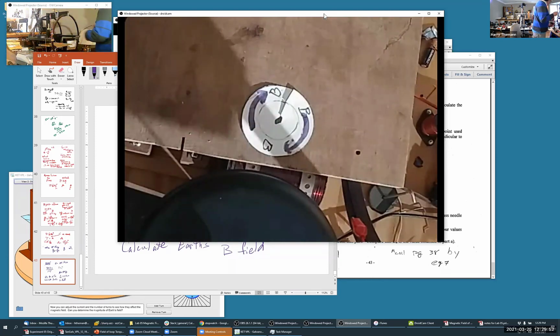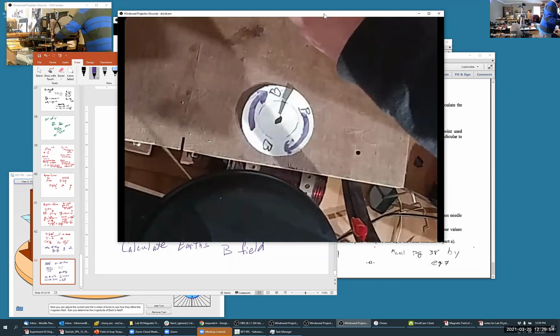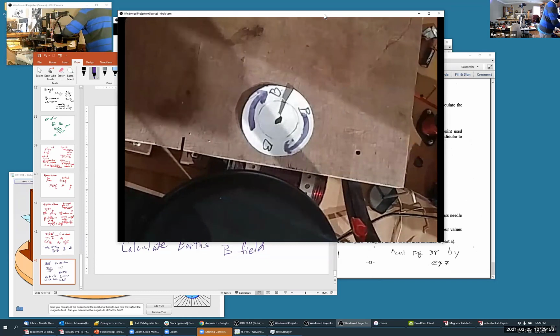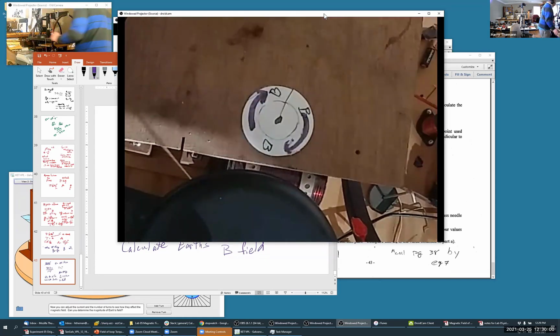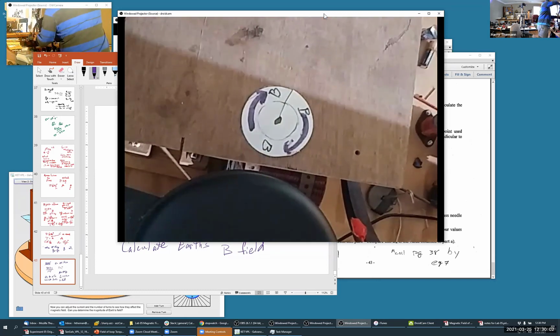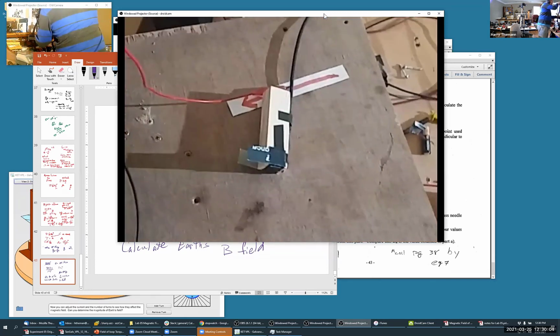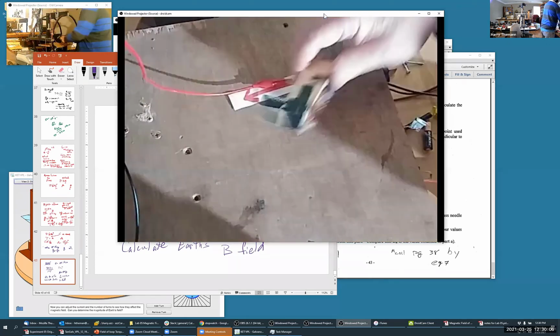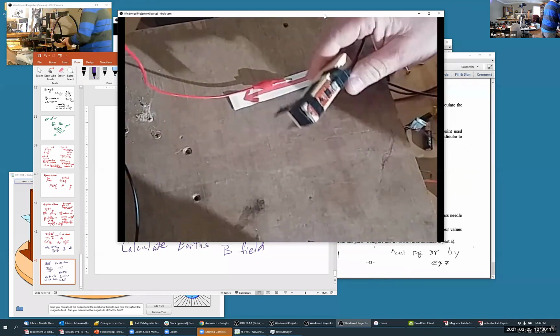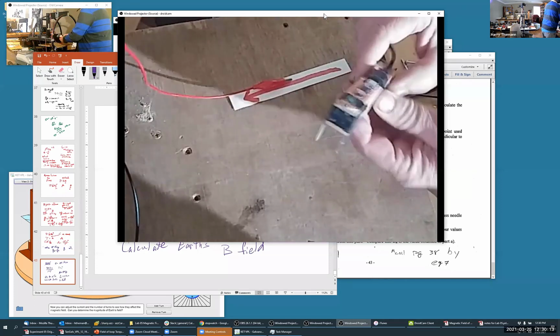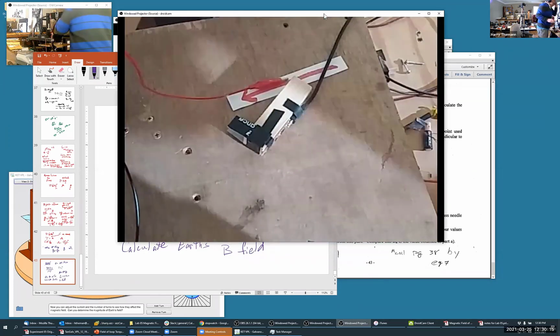Okay, probably scared my dog. So this thing measures all three axes, so it doesn't even matter which orientation it is, because I just want the magnitude. I have it set up because we're going to do this Faraday's Law lab, and I'll show you.